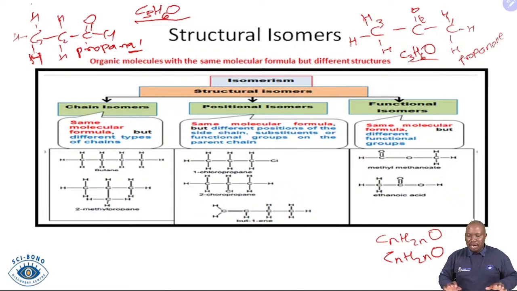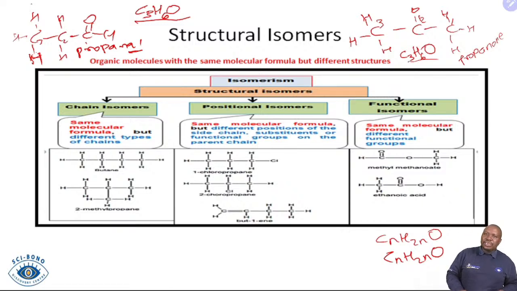So for us to have isomers, they must always have the same molecular formula. And then depending on the name, you look at what is different. When the difference is the different types of chains, branched and straight chain, then that will be chain isomers.